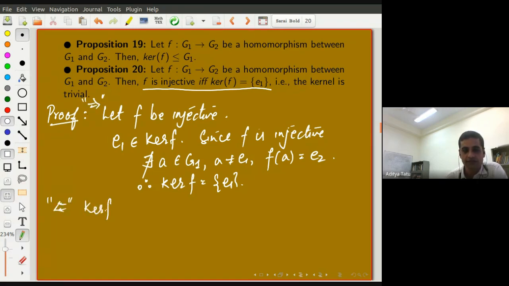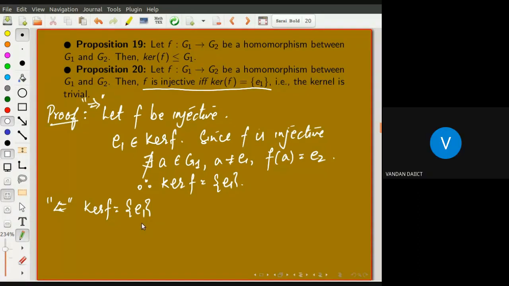The other way around, kernel of F is given to be only E1. And we are supposed to show that F is injective. Who would want to try this? Yes, try proof by contradiction.